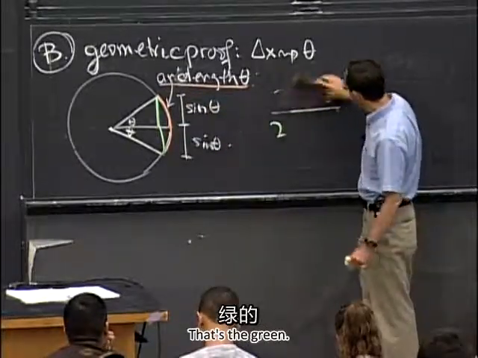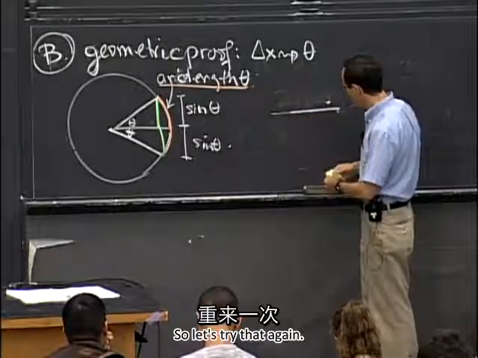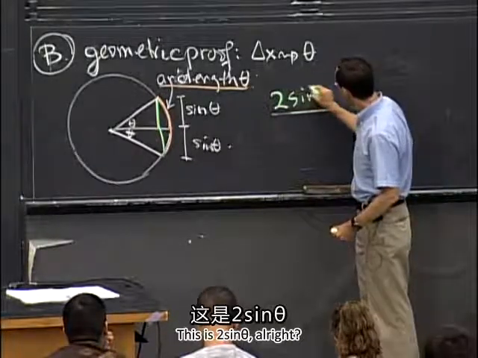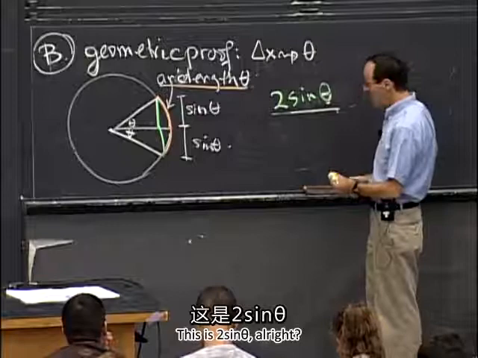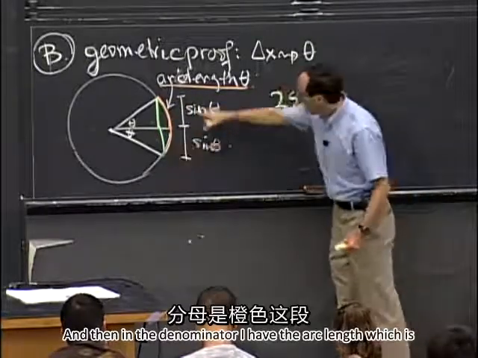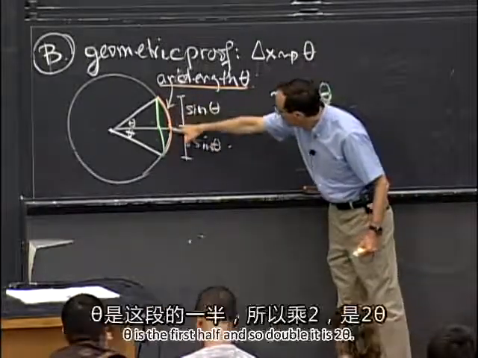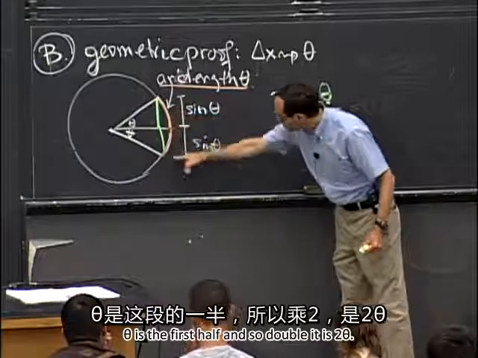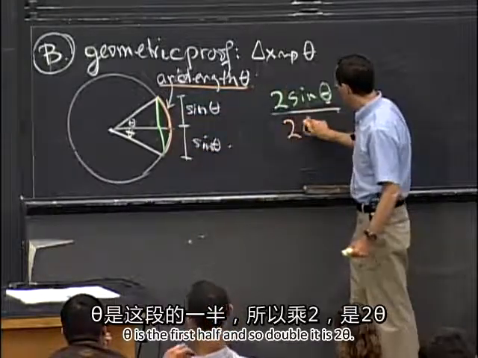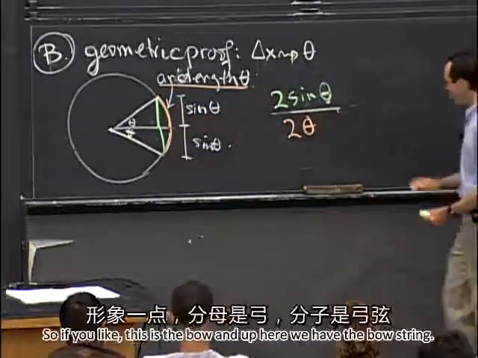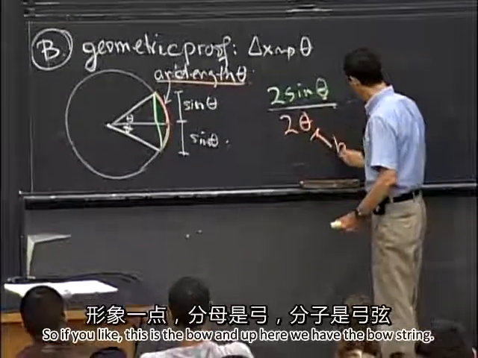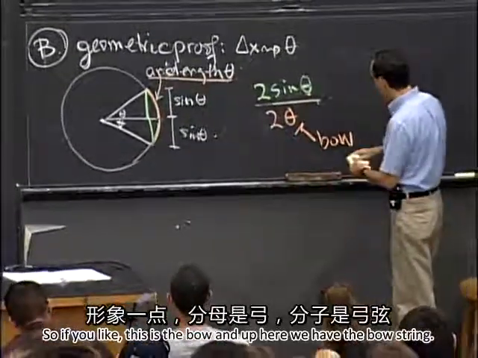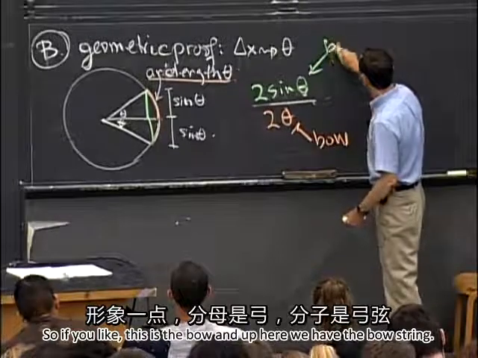That's the green. So let's try that again. This is 2 sine theta. All right. And then in the denominator, I have the arc length, which is theta is the first half, and so double it is 2 theta. All right. So if you like, this is the bow, and up here we have the bowstring.